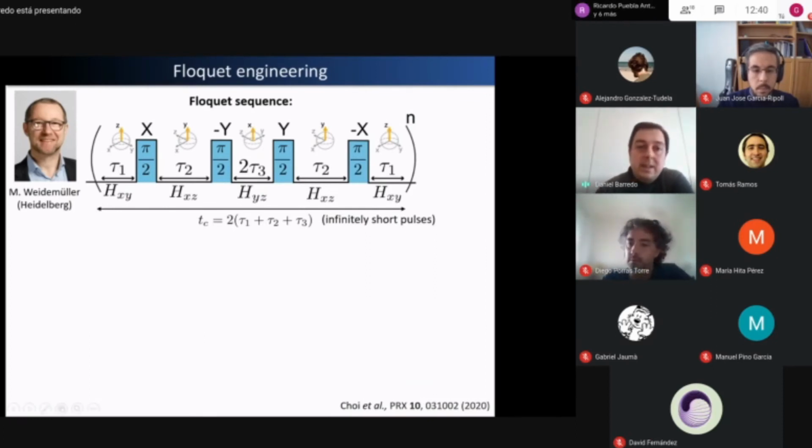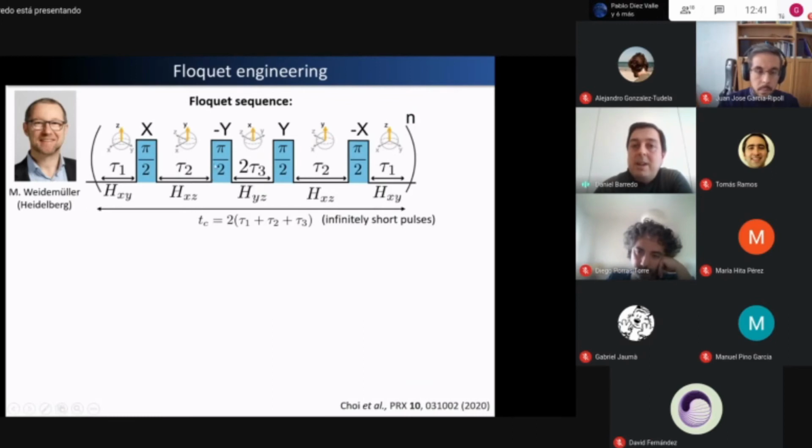Initially, for a time tau1, you let the system evolve with your xy Hamiltonian. Then when you perform the rotation of pi/2 along x, what you do basically is you are rotating your spin operators, and then you transform your Hamiltonian into an xz Hamiltonian that evolves during this time tau2.